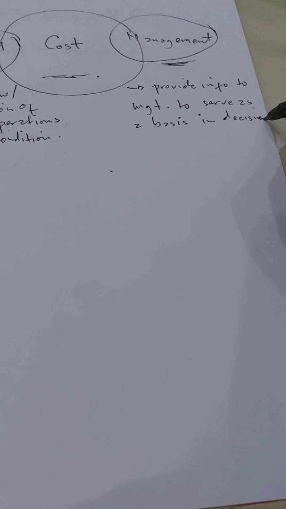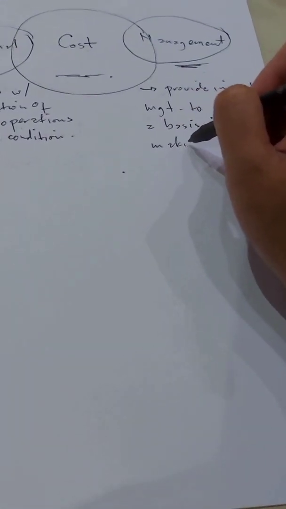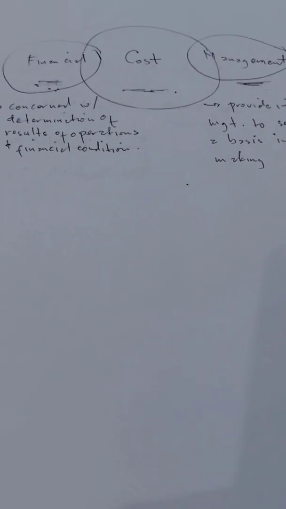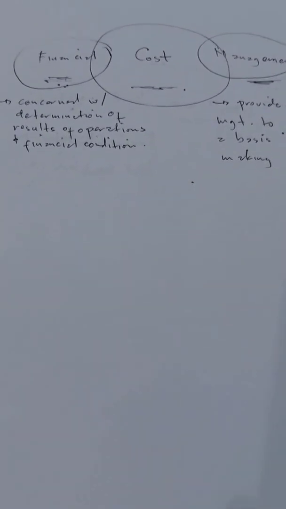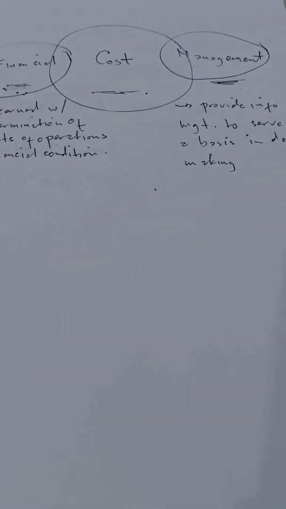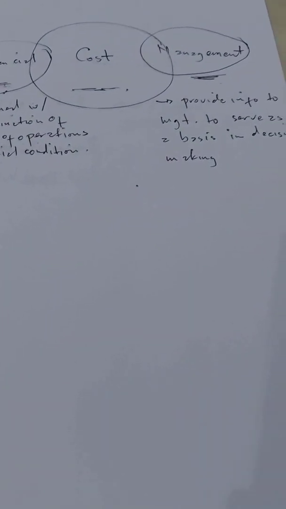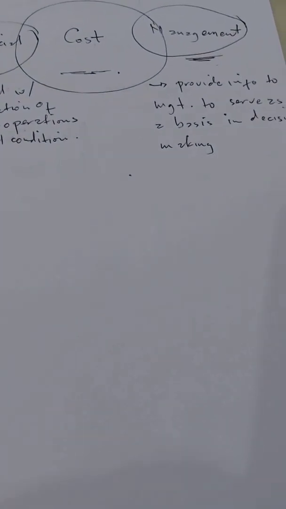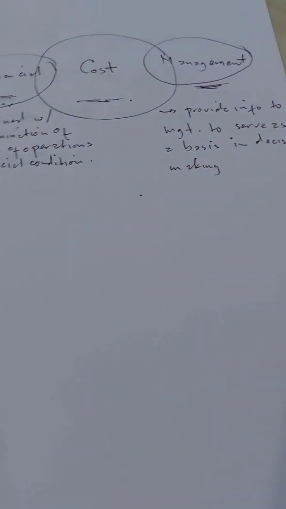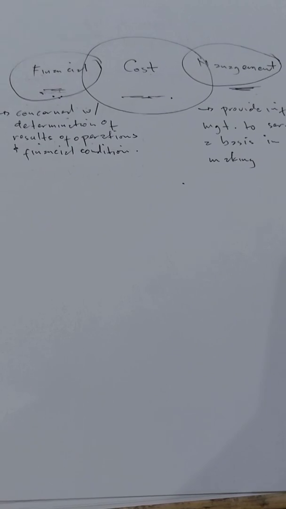So, as to objective, ang financial accounting concerned with the determination of results of operation and financial condition. While management accounting, so as to objective is to provide information to management to serve as a basis in decision making.